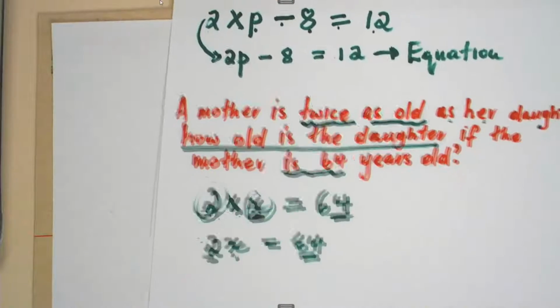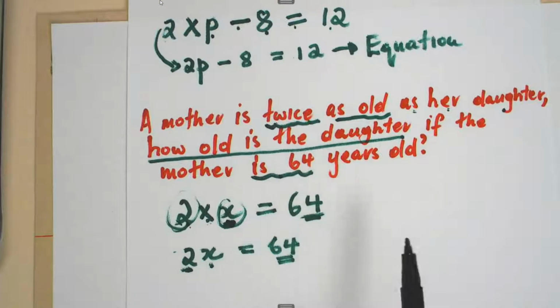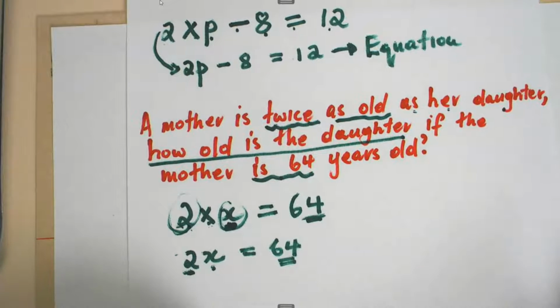Sometimes it may not be provided in a number sentence like this. It could be a situation of a table where we can analyze it and then formulate our own equation to solve the problem. So let me take you through that example.